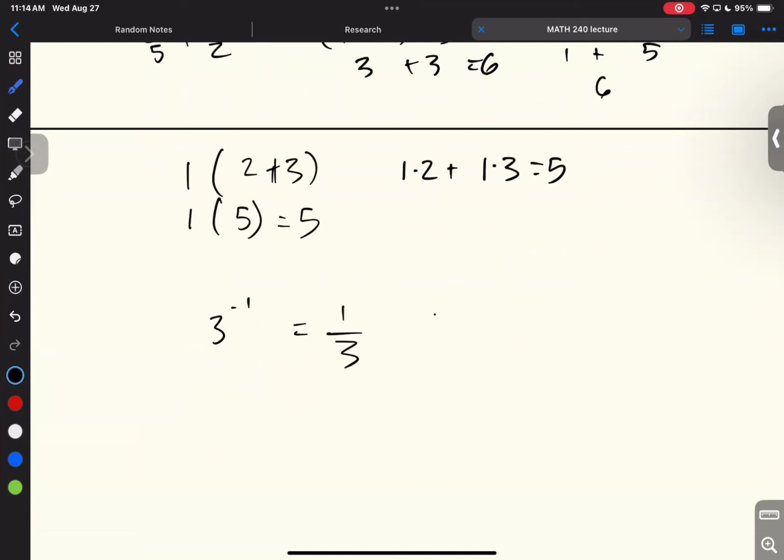We don't necessarily care about that here. We just know that if we have a number a and we want its multiplicative inverse, we say a to the -1. And so multiplying a times a to the -1, we know from algebra is a times 1 over a. The a's cancel out to 1, and then you just get 1.